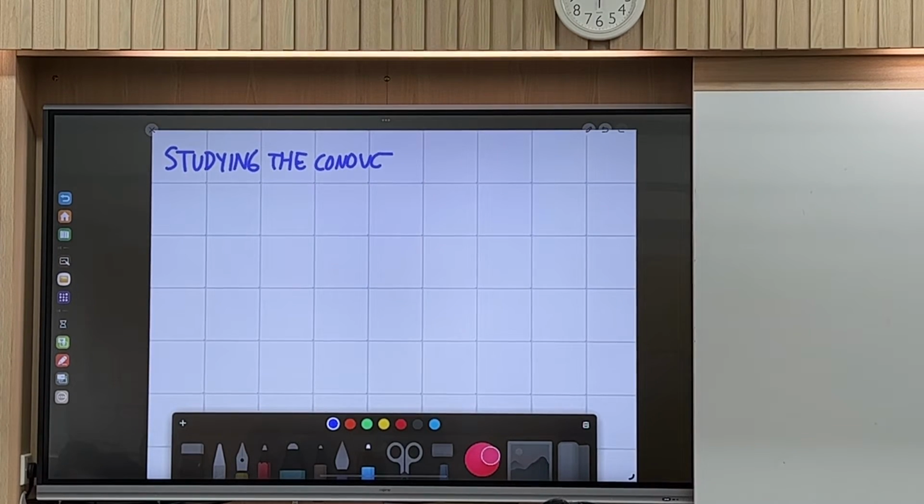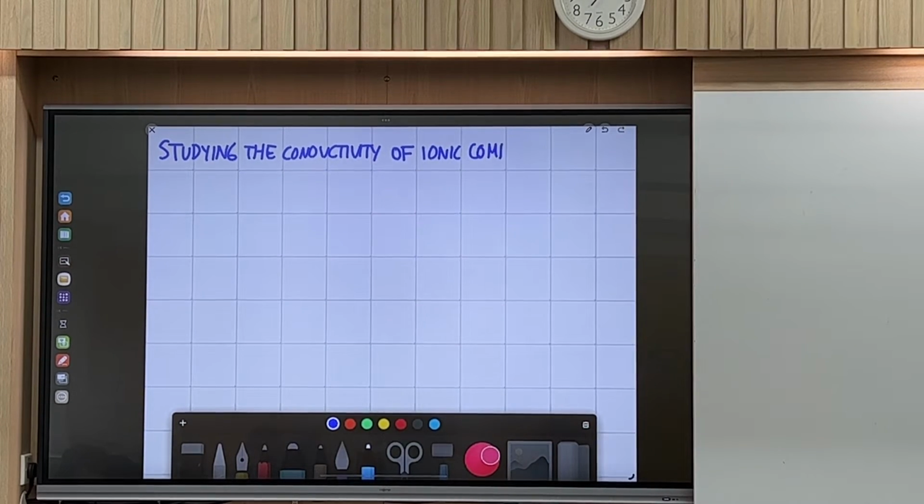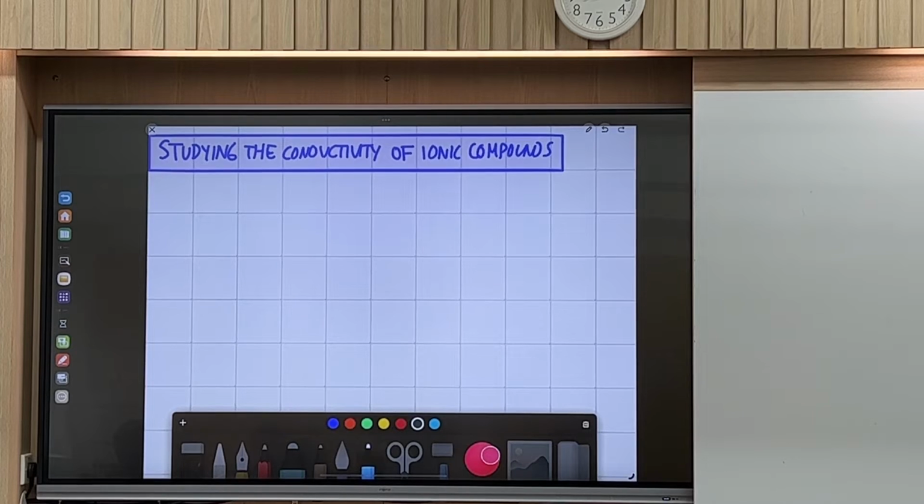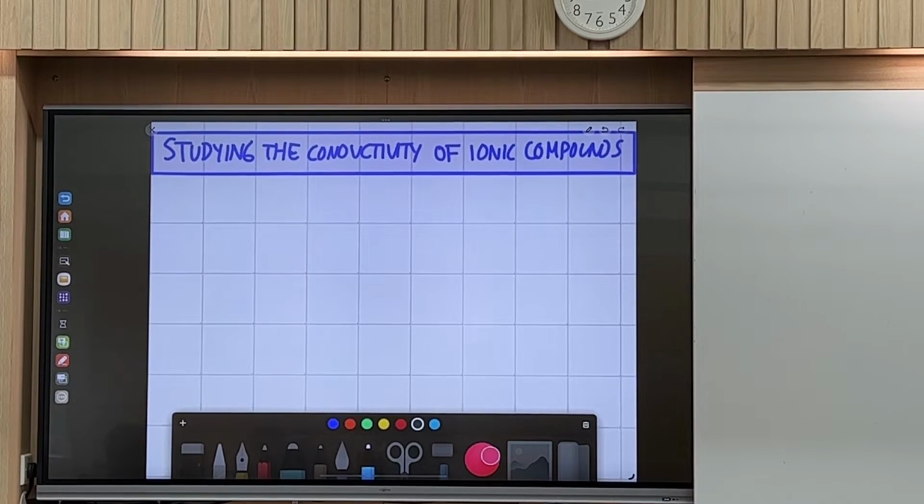So studying the conductivity of ionic compounds. First of all, we have this ionic solid in here. Table salt is an ionic solid.